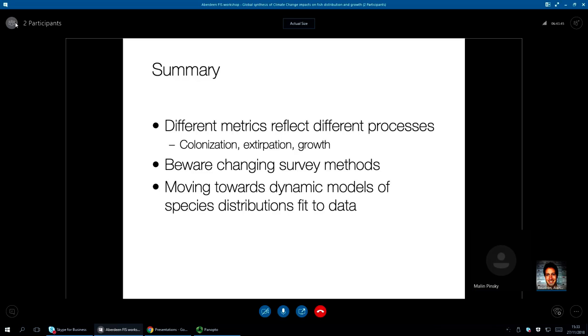Mm-hmm. So I've done a lot of this work, and I've looked at the relationship of the proportion. If you take all your strata and look at the correlation between the proportion non-zero and abundance, you'll find that they're positively correlated. Right, yeah. And so, there's two ways to do that.